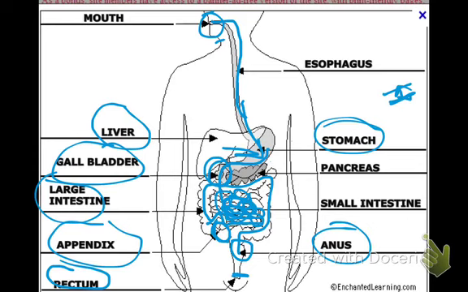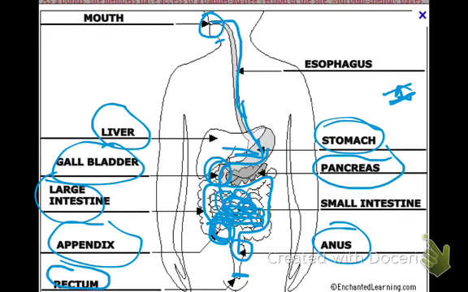You have healthy bacteria in your intestinal tract that helps you to digest your food. So if you get really, really sick for some reason, your appendix is thought to reset that healthy bacteria. And then the last thing that we haven't talked about is the pancreas, and the pancreas secretes something that helps to break down sugars in your food.